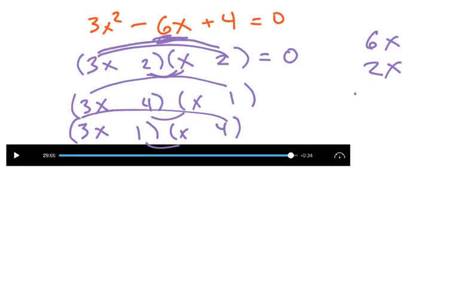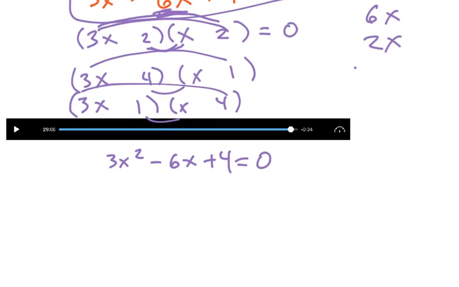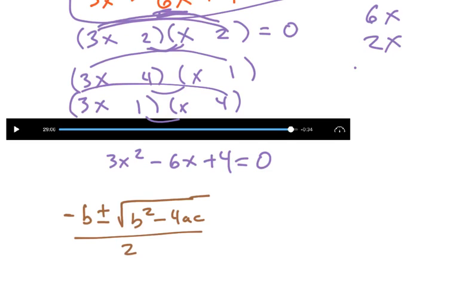So what I'm going to do instead, remember this is the value. Let me rewrite it. It's 3x squared minus 6x plus 4 equals 0. I'm going to go ahead and use the quadratic formula because that's what we've learned today. So negative b plus or minus square root b squared minus 4ac all over 2a. And we know that a is 3, b is 6, c is 4.